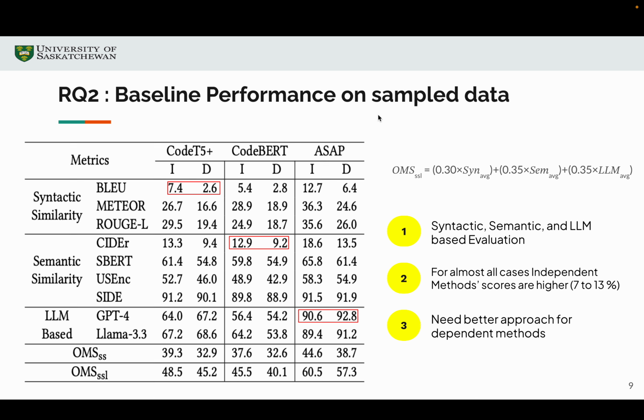That means the current methods are not tailored for dependent methods. They might do well for independent methods, but their generated comments are not of good quality when the methods depend on helper methods. So research focus should be given to these kinds of methods.